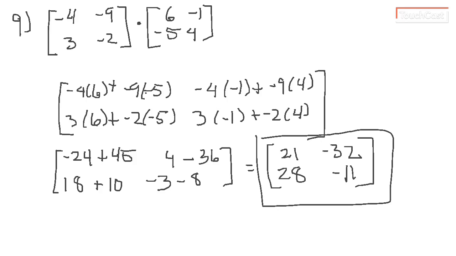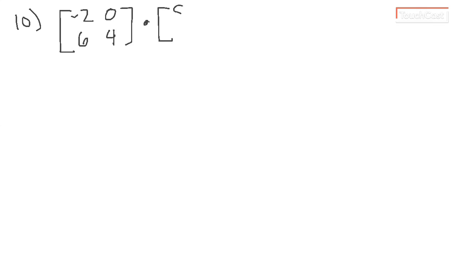Let's look at another example. Example 10. We're going to multiply negative 2, 0, 6, 4 by 8, negative 3, and negative 2, negative 9.